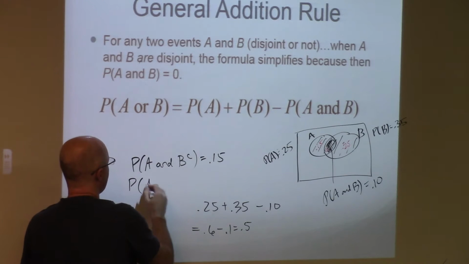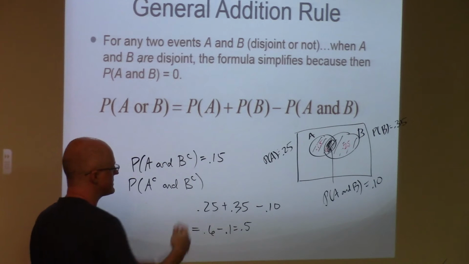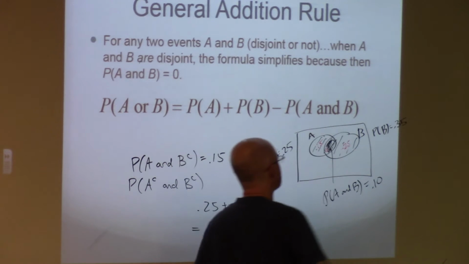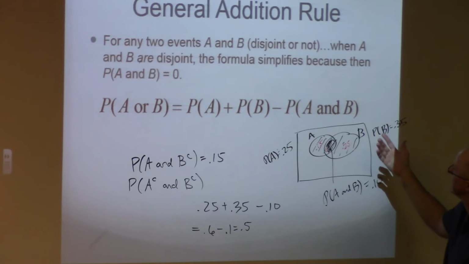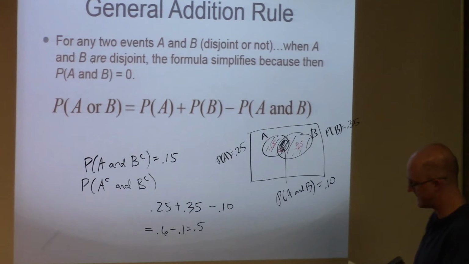You could also figure out the probability of not being in A and not being in B. In other words, you're outside of both of them. All the probabilities have to add up to 1. These are all disjoint regions. So by the summation rule for disjoint events, these would all have to add to 1 because they make up the sample space.